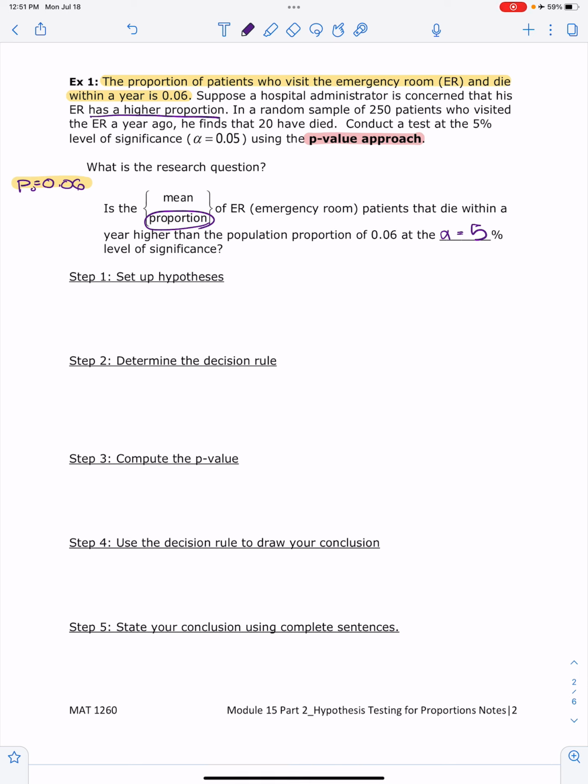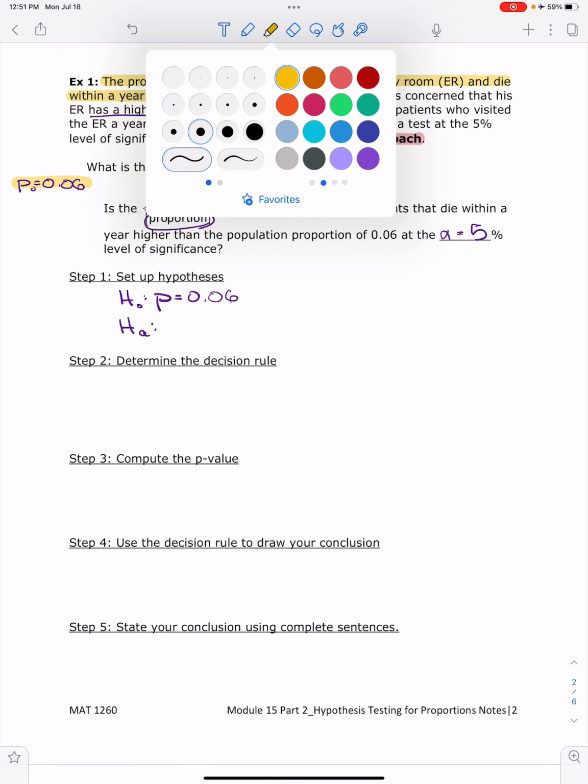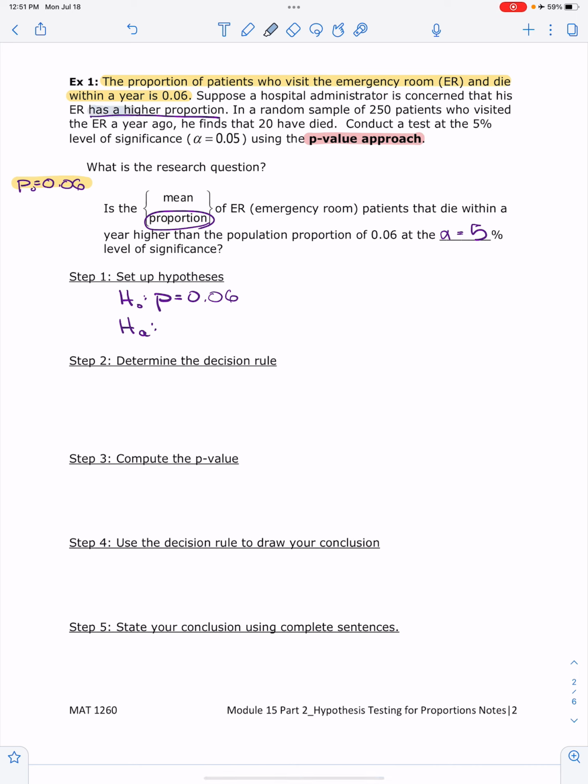That gives us enough information to set up our hypotheses. Our null hypothesis is always status quo, that the proportion is 0.06. Our alternate, because we want to know if we have a higher proportion, has got to be that our proportion is actually higher than 0.06.